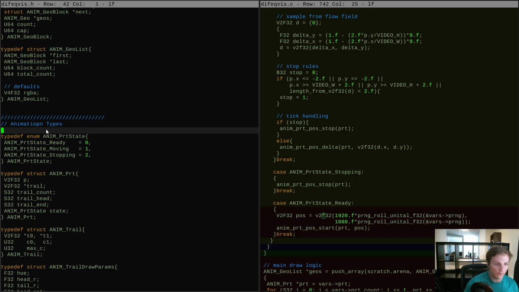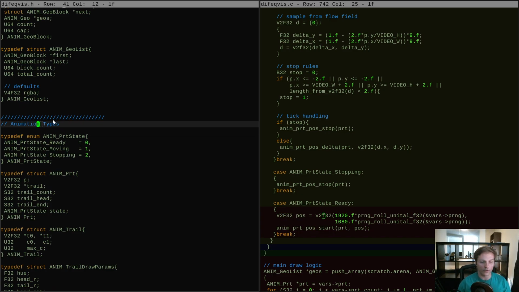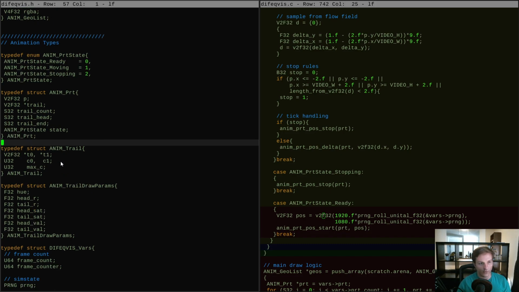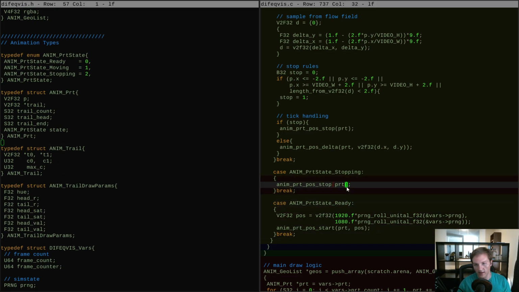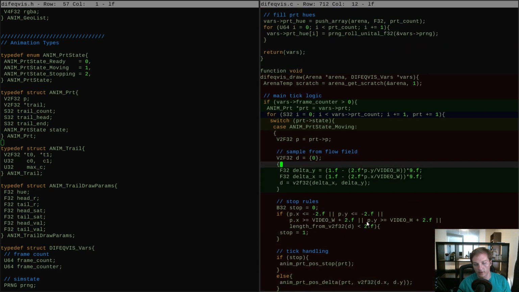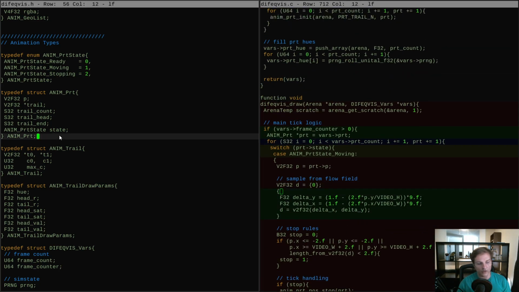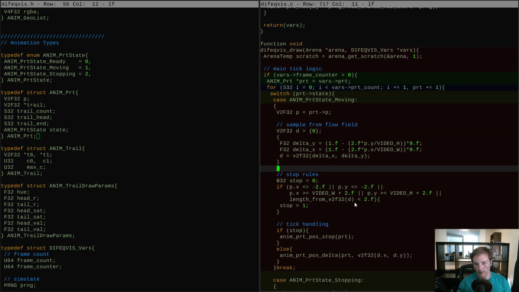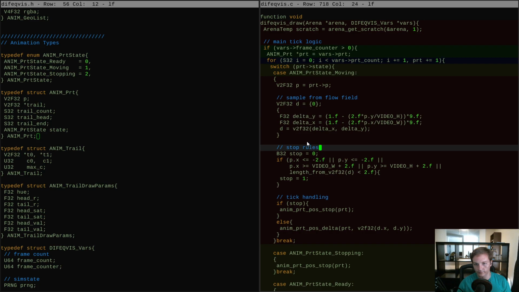And so we could spawn them over the course of multiple frames right from the start. We can't do that right now because we decide whether or not to spawn them based on their current state. We keep them constantly going. We keep every particle on the screen all the time. So let's see here. Right, there's the stop rules.